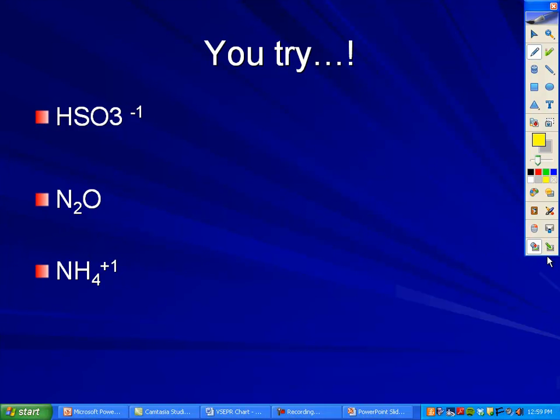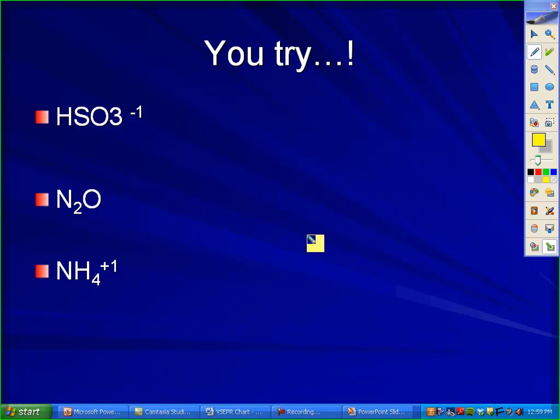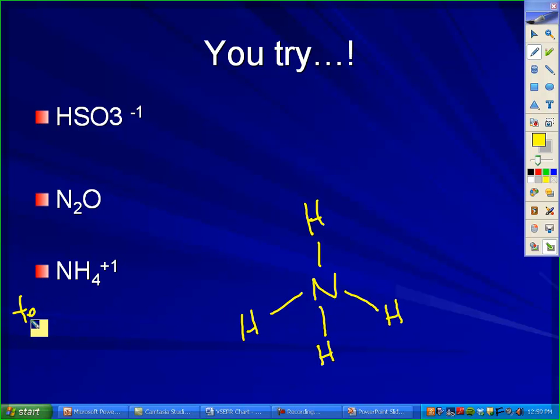Finally, we've got NH4 +1, the ammonium ion. The structure of your ammonium ion is tetrahedral. So it sort of looks like this. So the shape is tetrahedral. As far as polarity goes, the difference between N and H does fall in the polar range.